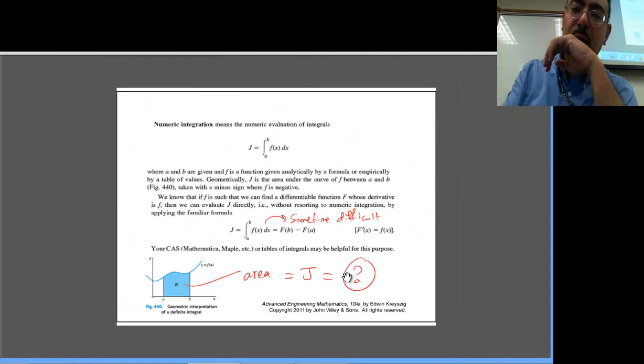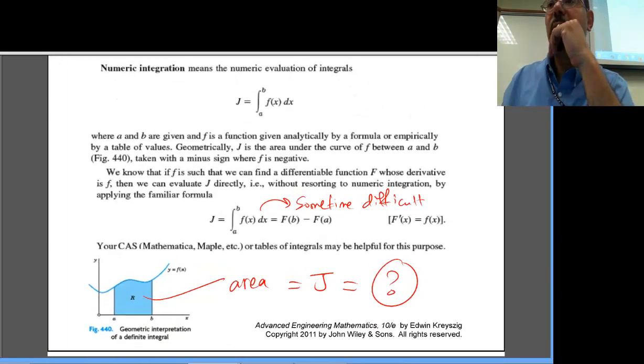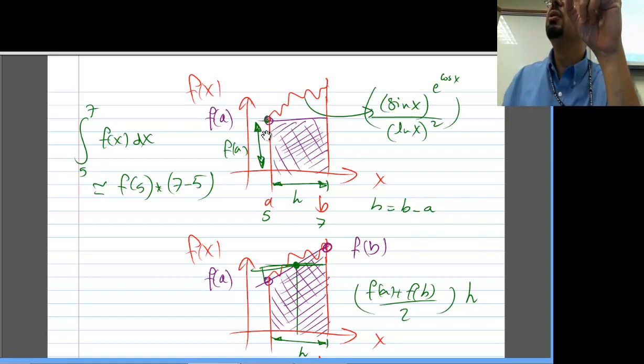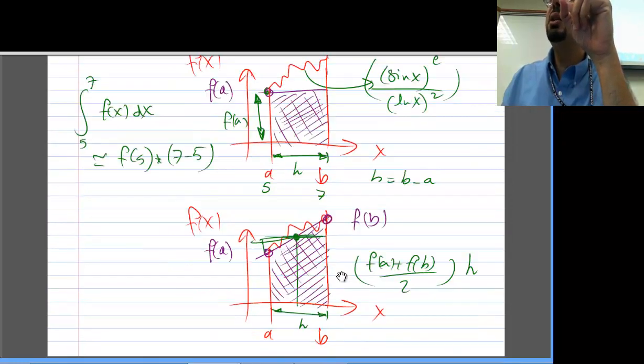Alright? So here is the first method. Simply b minus a multiplied by f of a, the first function. And obviously that's the error that you are making. And the second method, that's the trapezoidal rule.